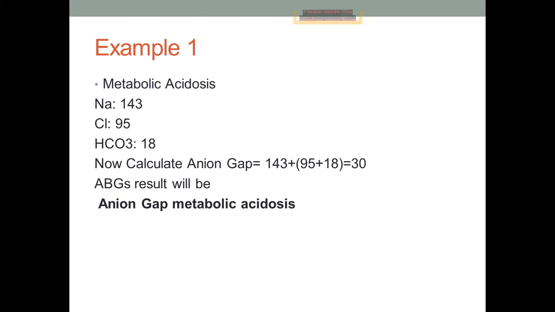So we will discuss an example again, example one, to understand how to calculate the anion gap. In example one, the patient had metabolic acidosis. The patient's sodium was 143, chloride was 95, bicarbonate was 18. Now calculate the anion gap.